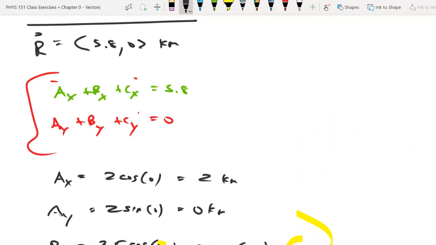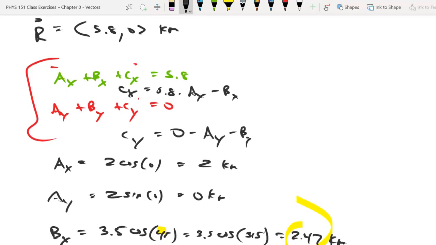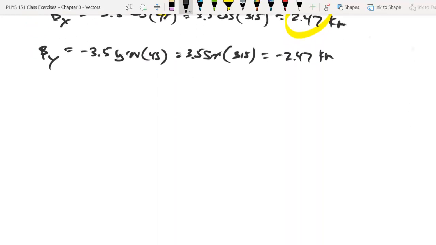Just rearranging this, we see CX is going to be 5.8 minus AX minus BX, and CY is going to be equal to 0 minus AY minus BY. Just a little algebra there. And so from this, you can do this arithmetic on your own.